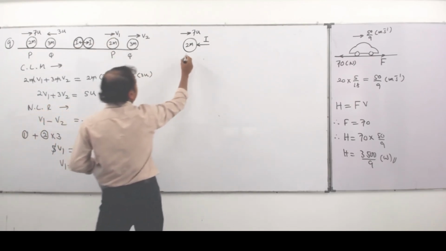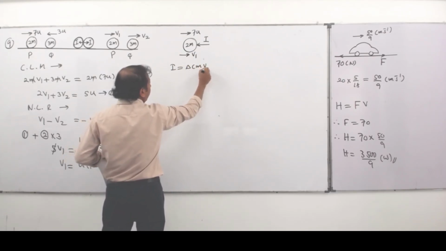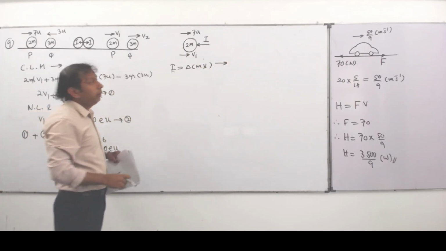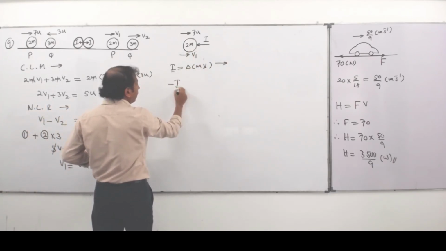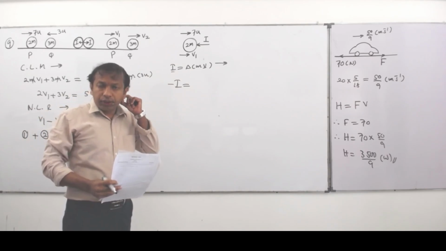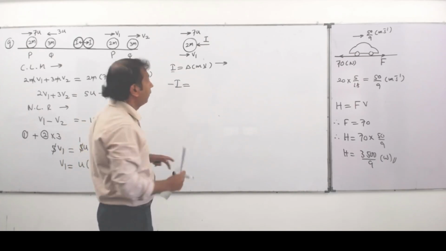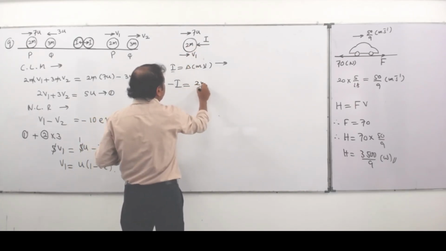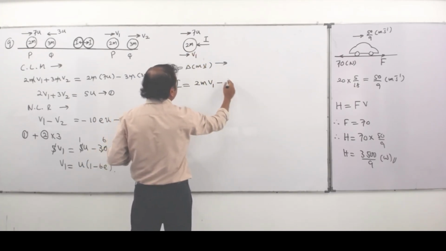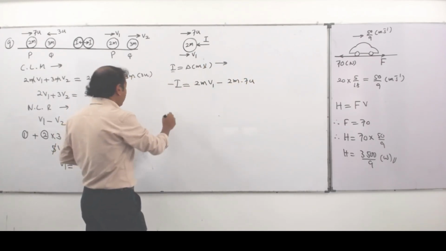After that, it moves with velocity v1. Taking the rightward direction, I acts leftward, therefore it should be minus I, equals change in momentum, final momentum minus initial momentum. Final means after impact: 2mv1, minus before impact, 2m times 7u.